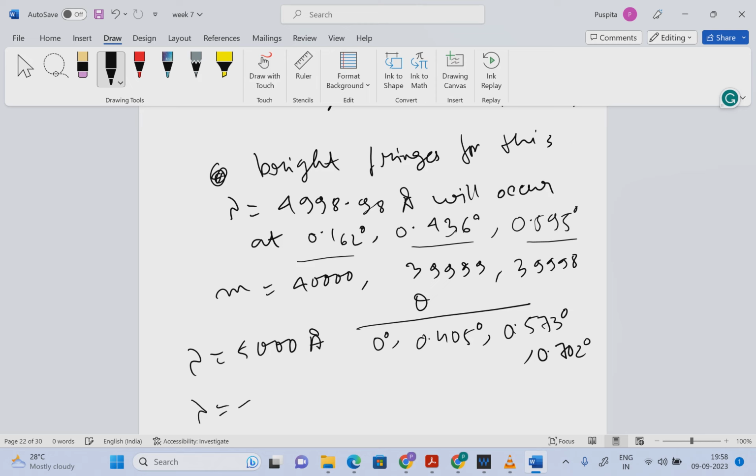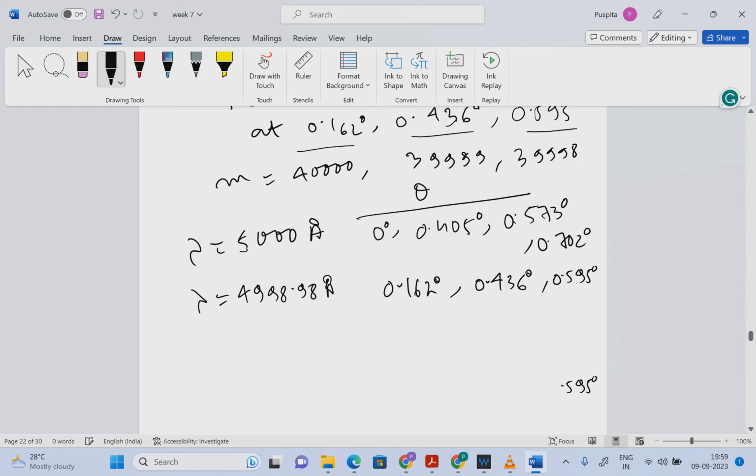For lambda equal to 4,998.98 angstrom, we get bright fringes at 0.162 degree, 0.436 degree, and 0.595 degree. So bright fringes occur at different places. By this, we can distinguish two different wavelengths.